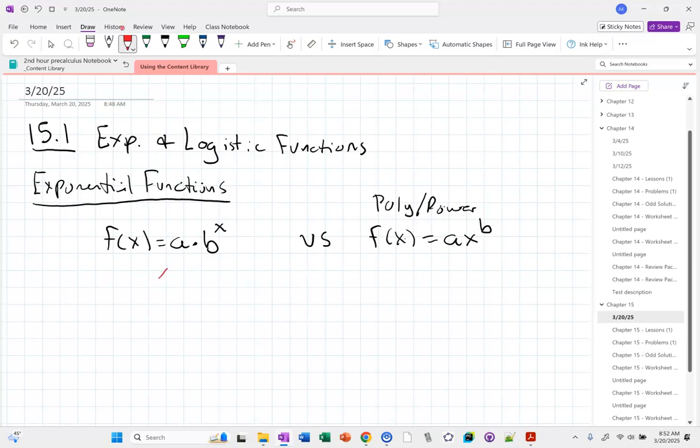So I want to give some names for these parts of the exponential. This coefficient here is sometimes called the initial value.